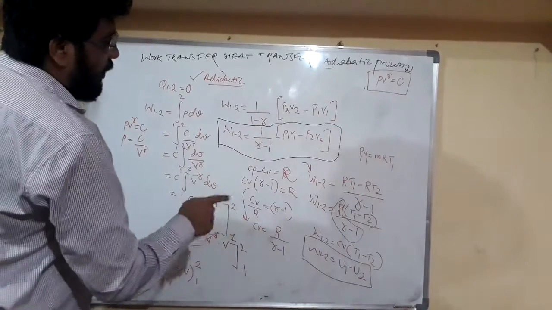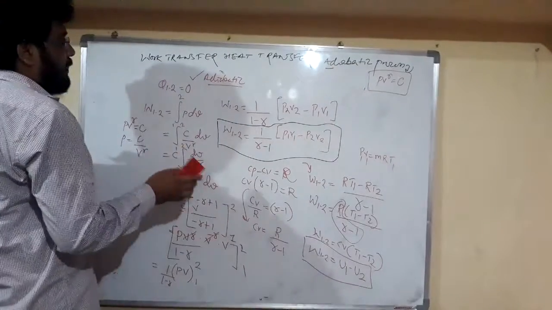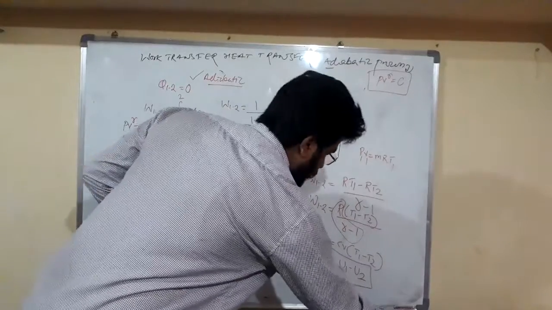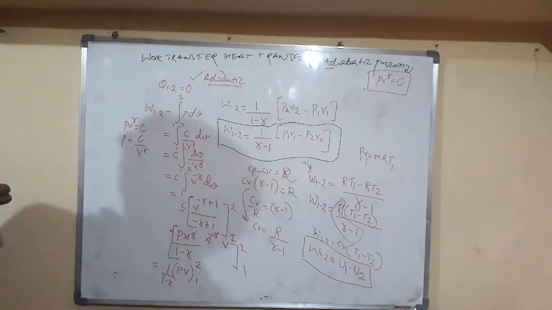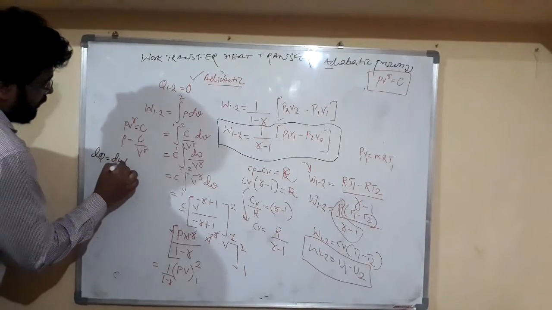And friends, if we want to derive this from our first law of thermodynamics, we can also derive it that way. We know that dQ is equal to dU plus dW.